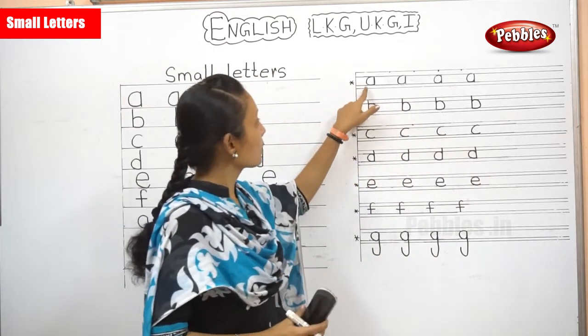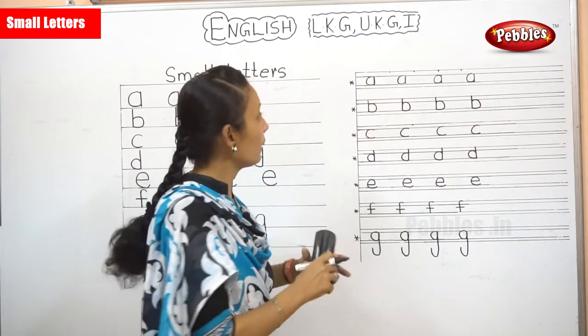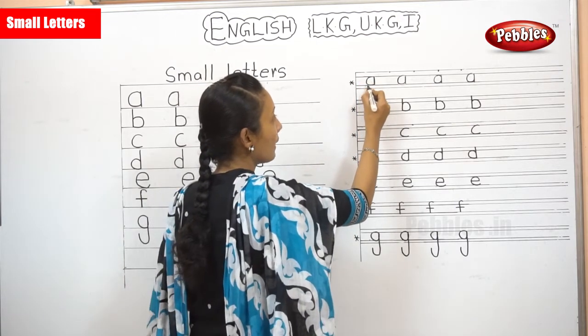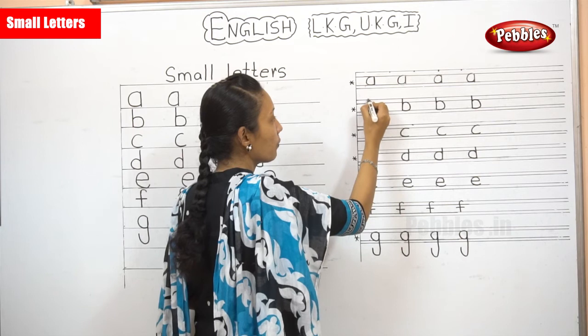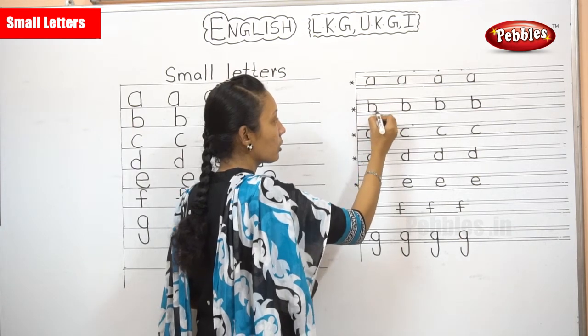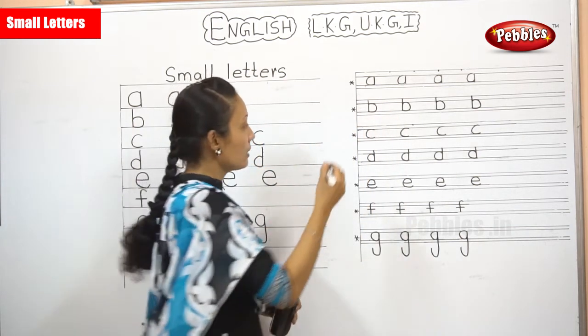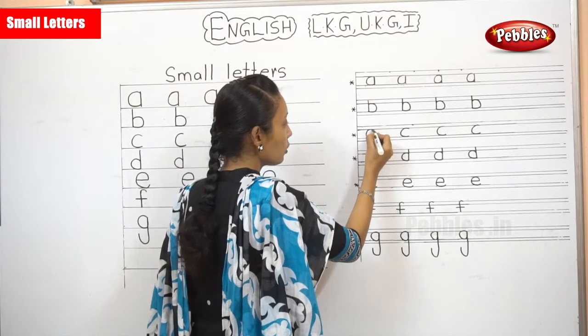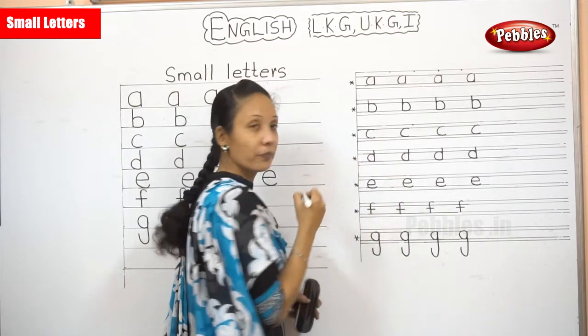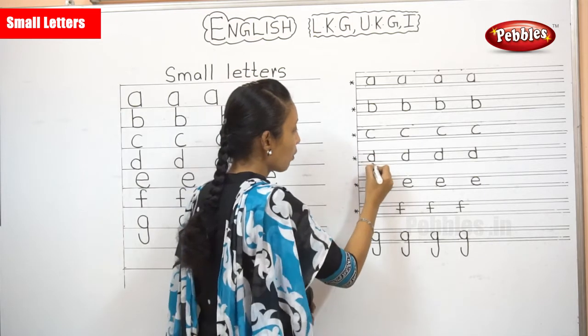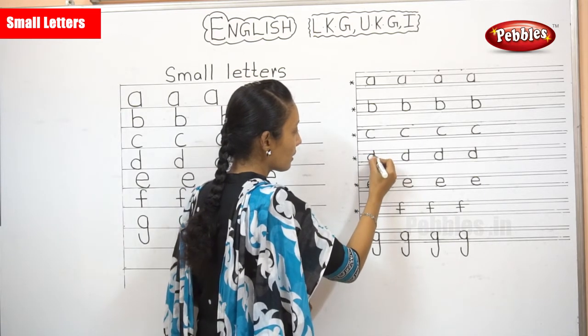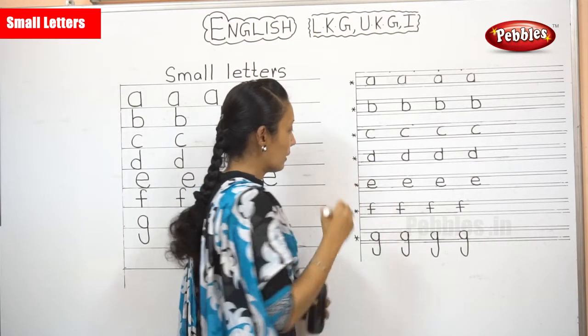Now your small a into your 2 lines, your small b from the first line to the third line with your curve, small b, small c, the curve into your second and third line. Alright. Now small d, again a straight line and a curve.